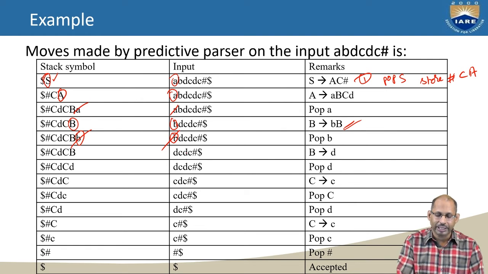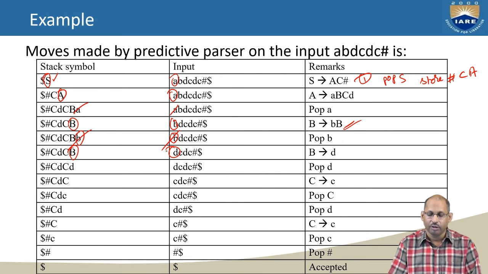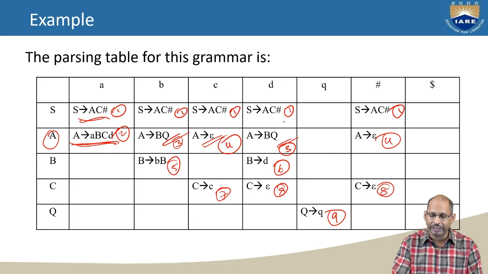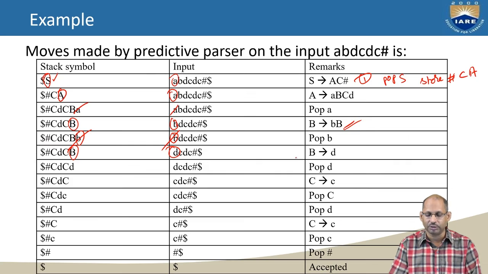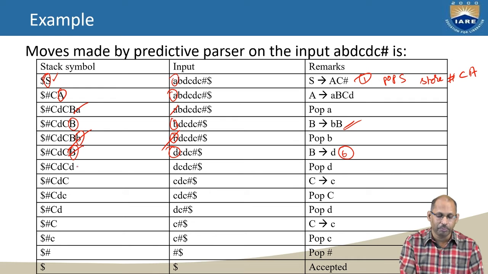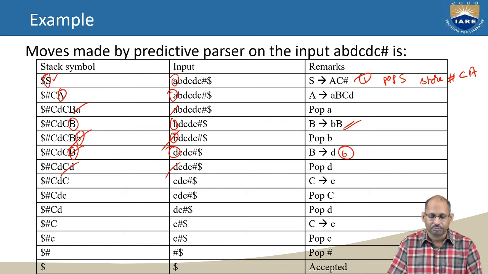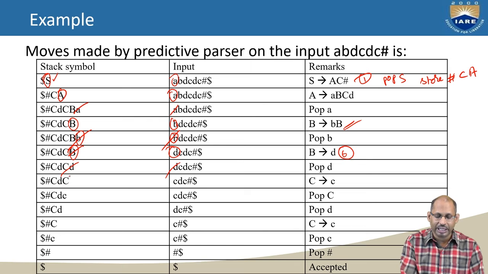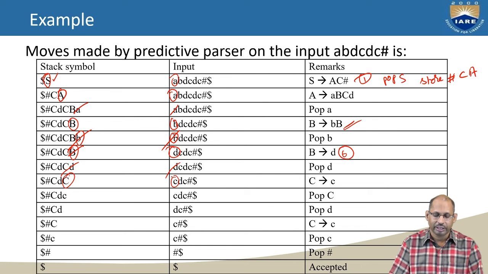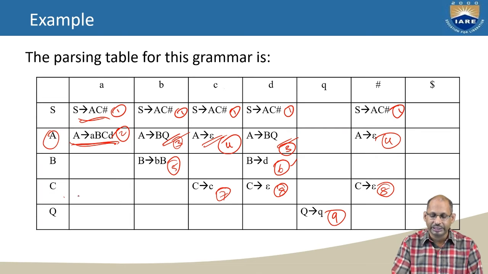B and B, simply delete. Now we have to consider B and D. From the table, B and D gives the sixth prediction. So consider the sixth prediction. Remove B, store D. Here the symbols are the same. Delete D, simply pop D. Then we have C and C. From the table, C and C gives the seventh prediction.